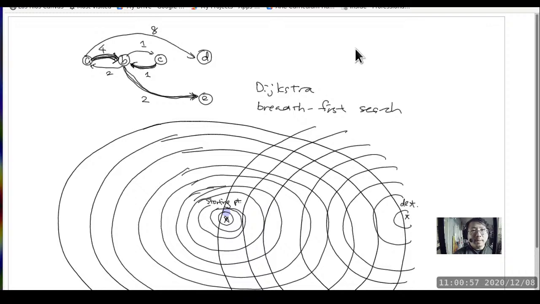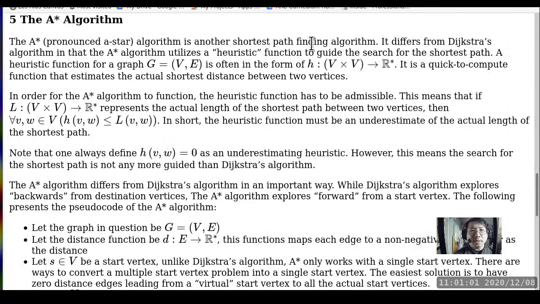So now we go back to the notes and take a look at what exactly a heuristic is. This is the obscure way of looking at a heuristic. It is a function, and the domain of the function is a two-tuple of vertices. So you might say, oh, are those the edges? Nope, they're not edges. Some of these may be edges, but they're not necessarily edges.